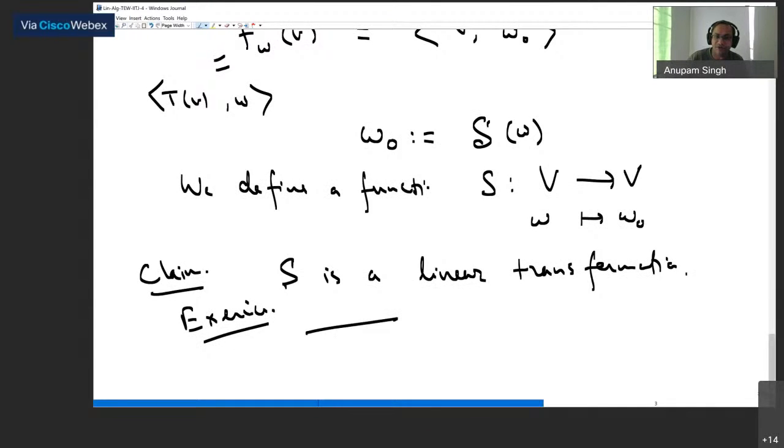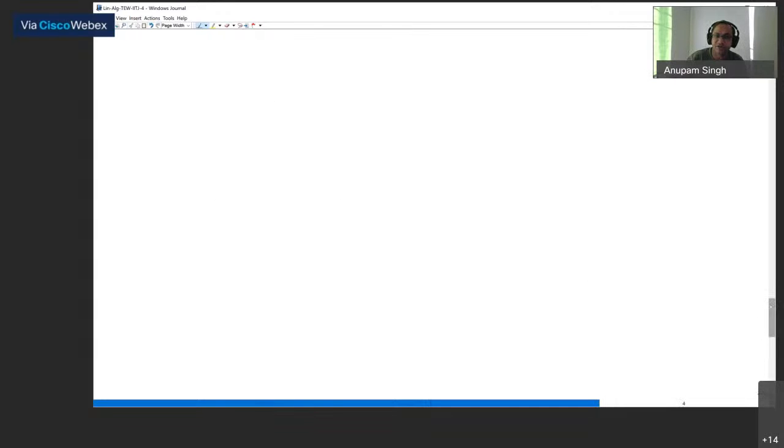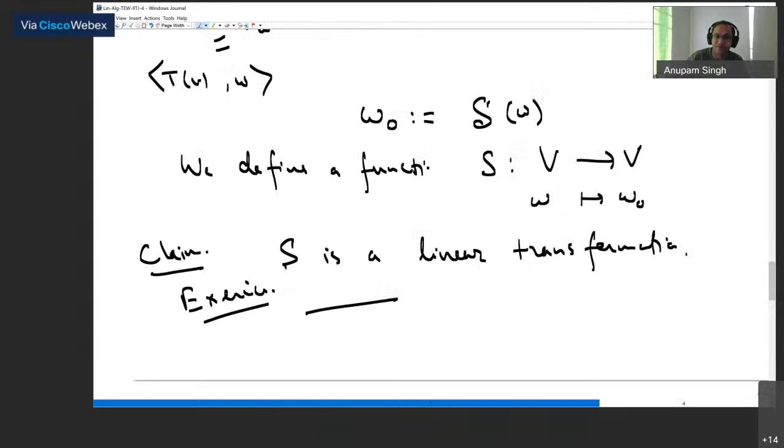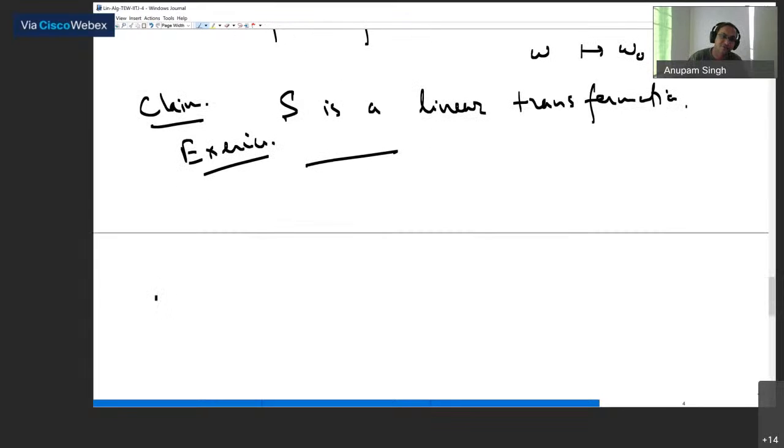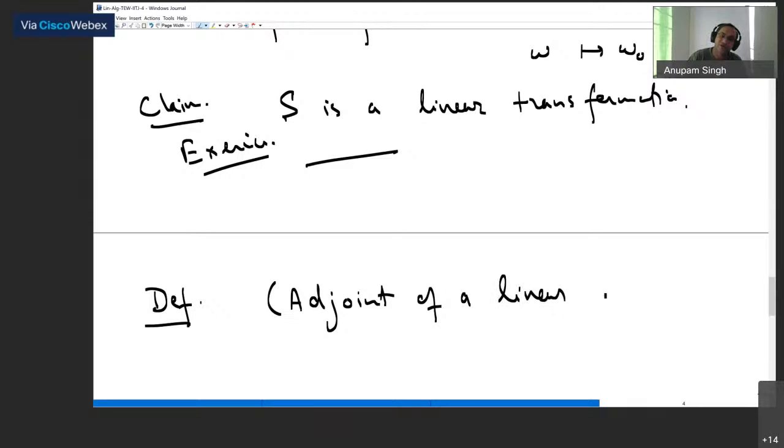Okay, so now I'm ready to define what I call the adjoint of a linear transformation. So this is the definition of the adjoint of a linear operator.